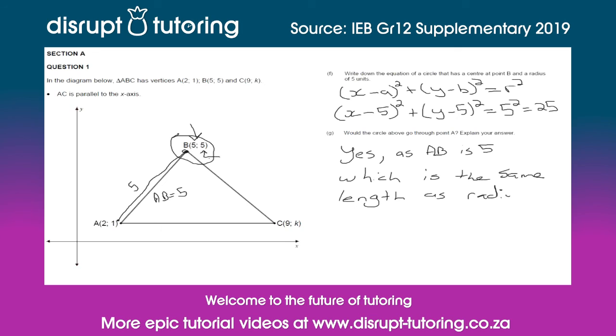That would be a suitable explanation for your extra mark, which will give us 2 marks. So correct and correct, which will give us a grand total of 16 marks for the question. Hope you would all get 16 out of 16, and that wraps question number 1.